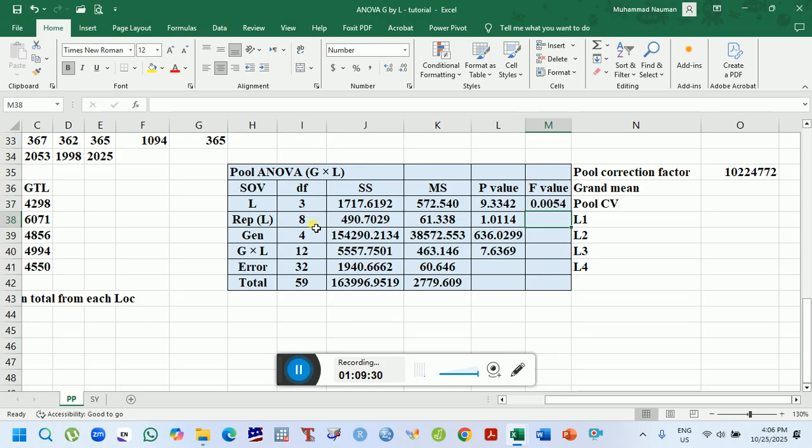Enter. It means the location means are significantly different at the 1% probability level.